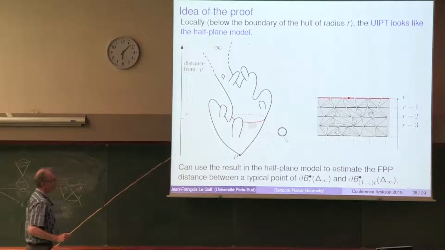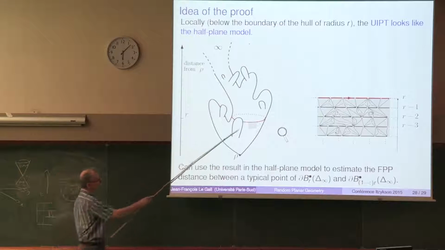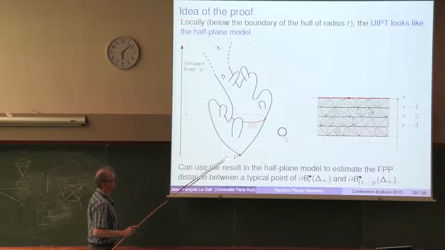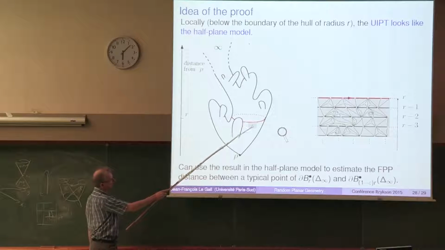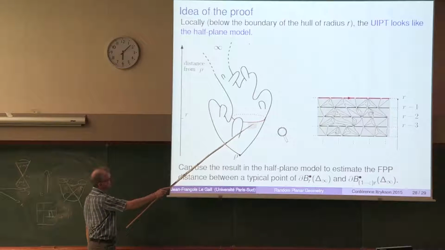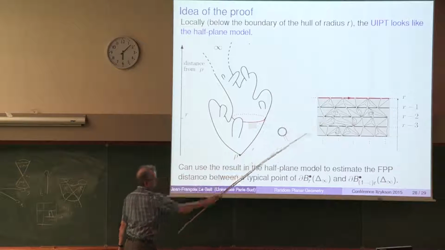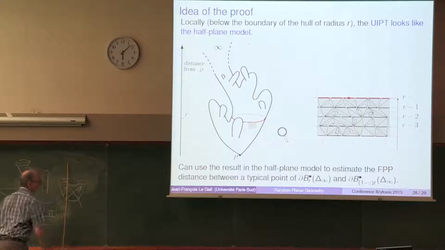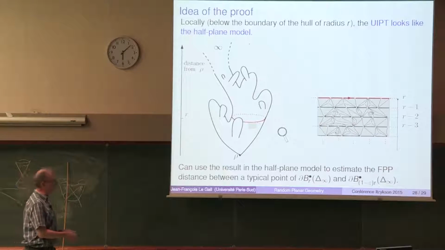This is an approximation that is good enough to approximate the distances in the UIPT by distances in the half-plane model. So this is essentially the idea of the proof, and this is why the half-plane model is useful.